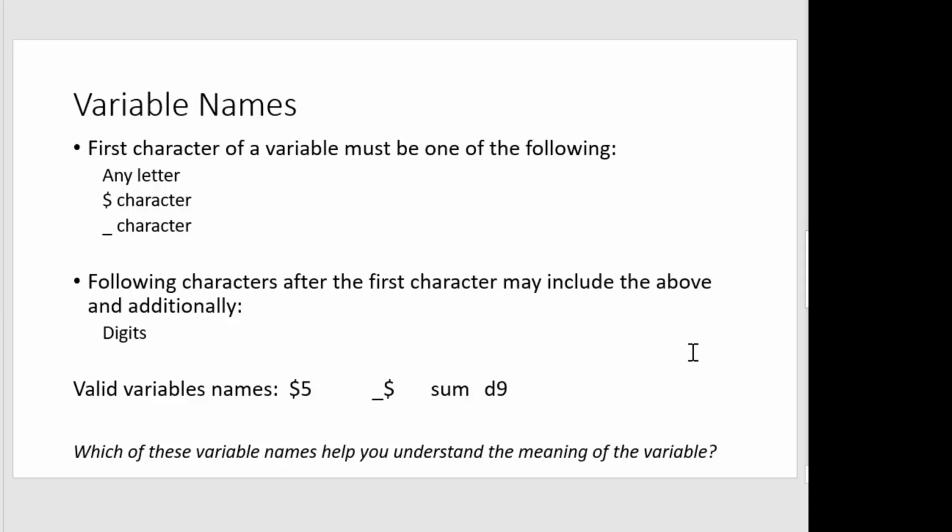Well, sum is the only one that gives us any clue. Sum is the sum of some numbers. If we stored our sum in a variable like underscore dollar, it would be harder to remember what we're saving in that location. So we want to take advantage of the ability to create variable names that are meaningful.